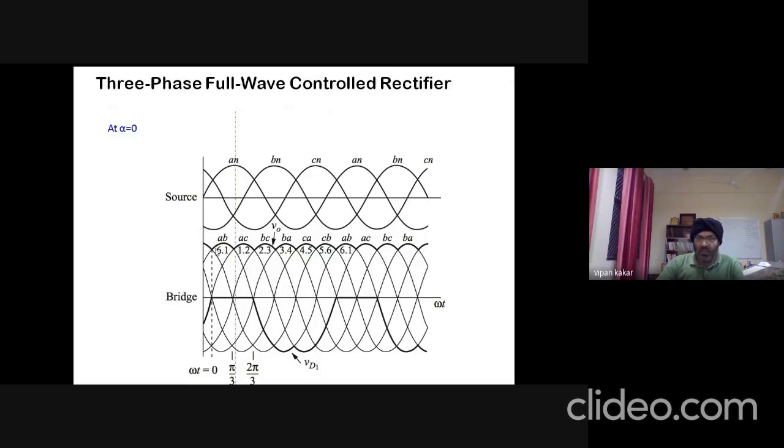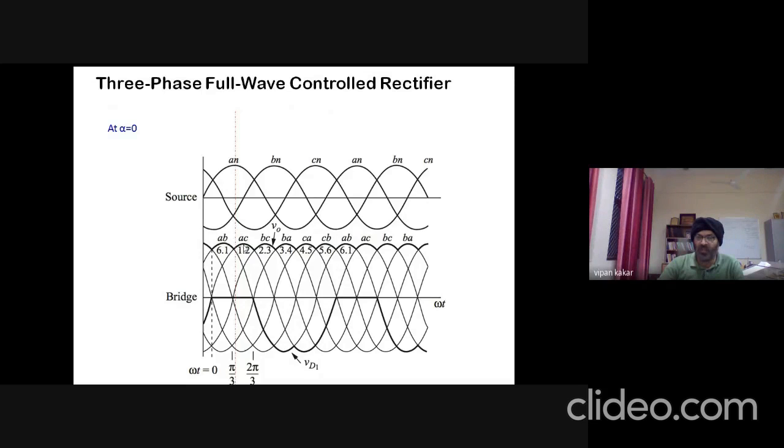Okay, so now from 0 to 2 pi, we have 6 ripples. Because 6 and 1, now the new cycle starts from 6 and 1. So till 5 and 6, this was one cycle. So in this one cycle, 6 pulses we have received at the output. So now removing these ripples becomes a lot easier.